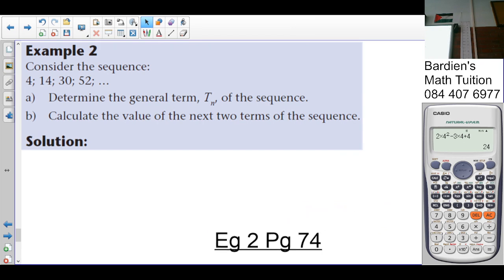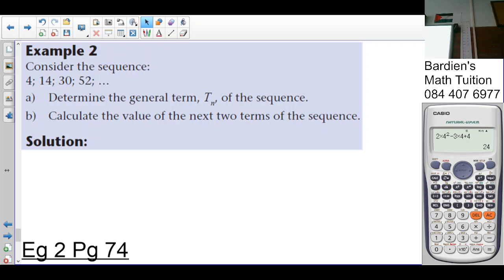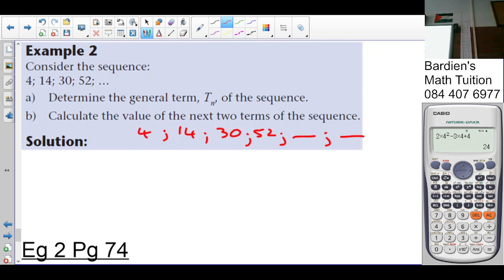It says, consider the sequence 4, 14, 30, 52. Determine it. Okay, so we're going to do b first. Is that okay? Right. So I want you guys to work out the next 2 terms with me.